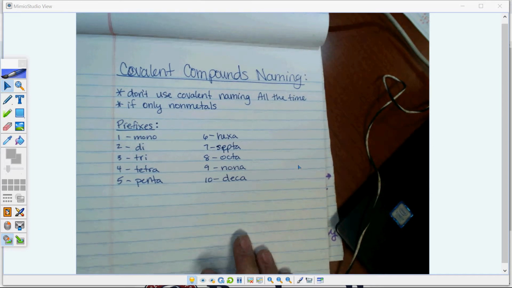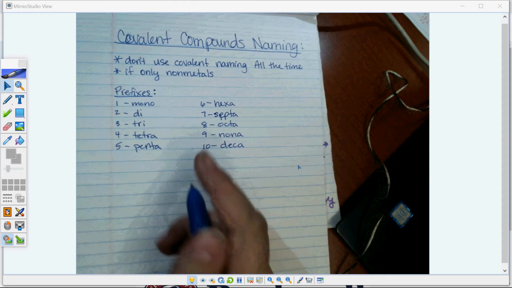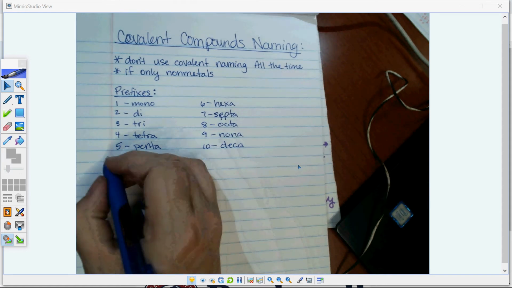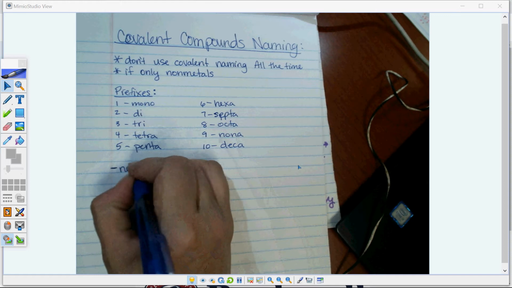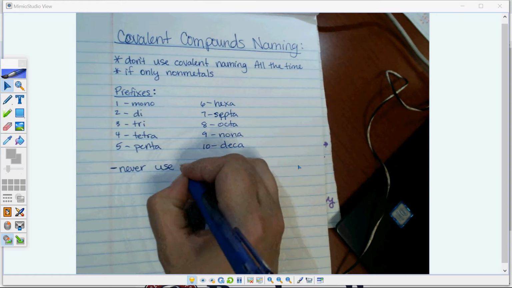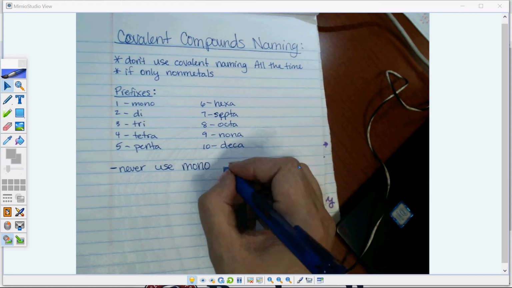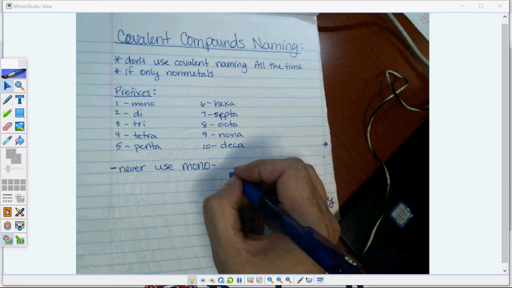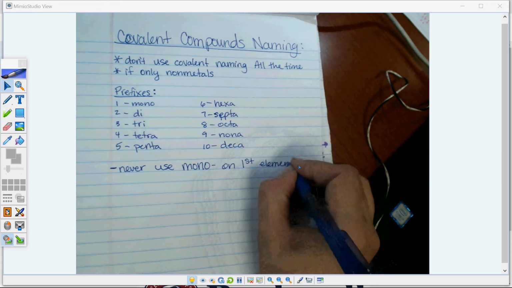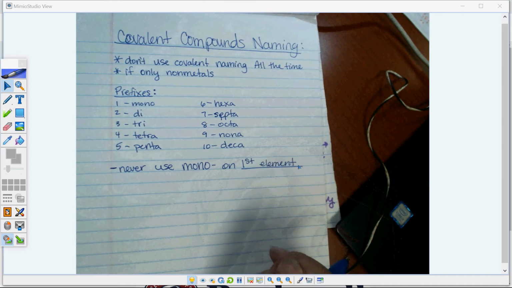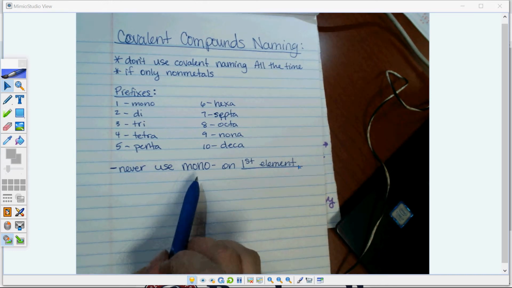So when we're naming covalent compounds, we use prefixes to let us know how many of a particular atom is present. And really the only kind of weird rule that goes with this is we never use mono as the prefix on the first element. So if the first element has a subscript of 1, you don't use mono.